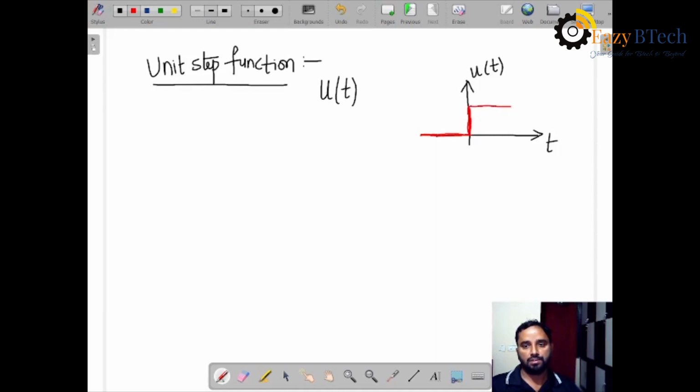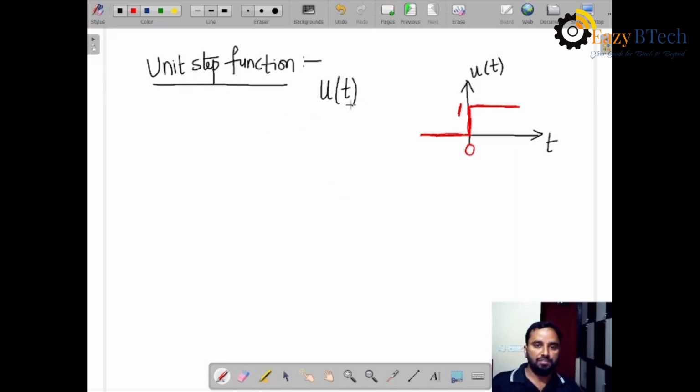So here amplitude is clearly 1. This is 0. So this is the unit step function.